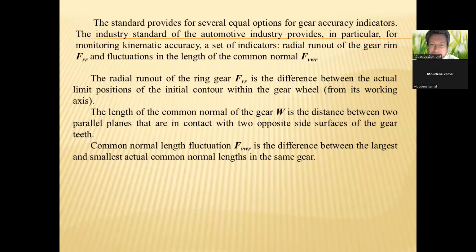The length of the common normal of the gear, W, is the distance between two parallel planes that are in contact with two opposite side surfaces of the gear teeth. Common normal length fluctuation, F suffix VWR, is the difference between the largest and smallest actual common normal lengths in the same gear.